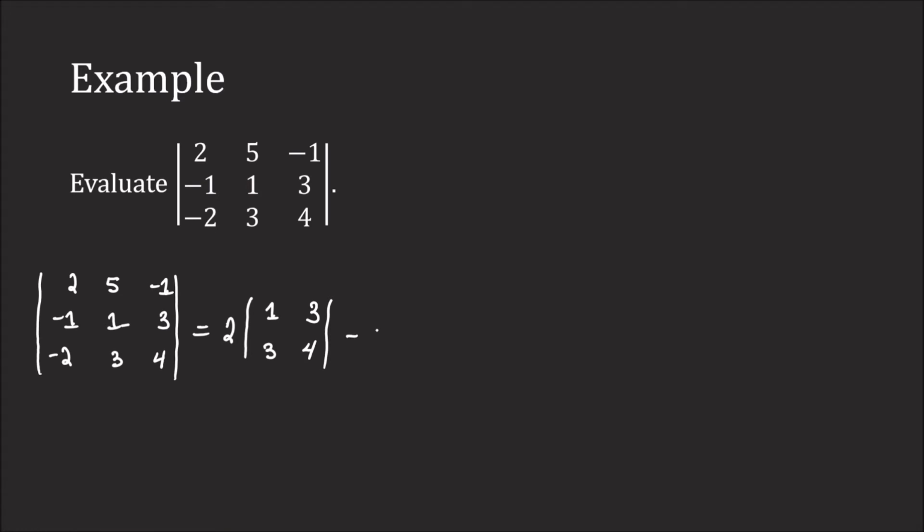Now it's minus 5 times the determinant of negative 1, 3, negative 2, 4. Again, notice all I did was there's 5. Then plus negative 1 times the determinant of negative 1, 1, negative 2, 3.